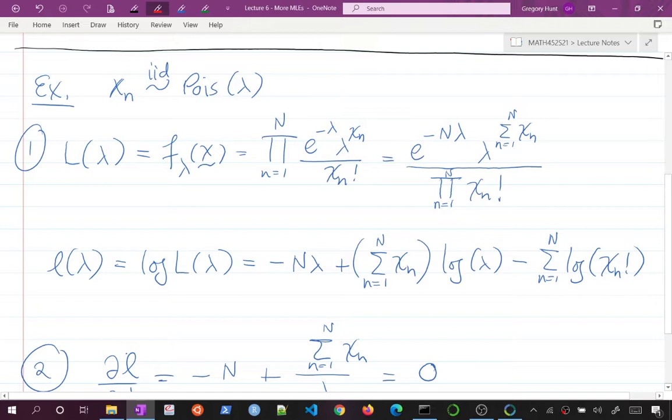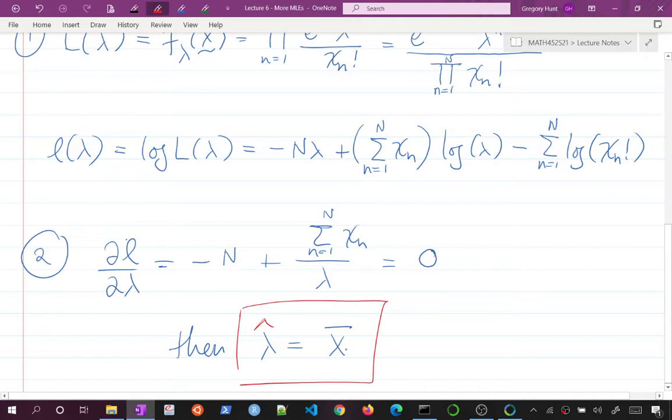We'll see examples where it's not always that way. Nicely enough here, for the Poisson, the mean parameter lambda we're estimating is just estimated by the mean of the data. So that's cool.